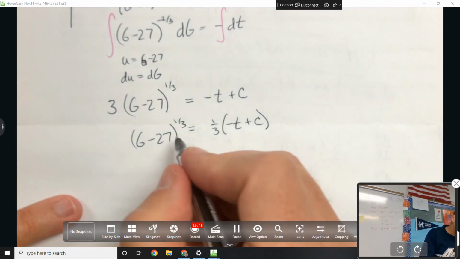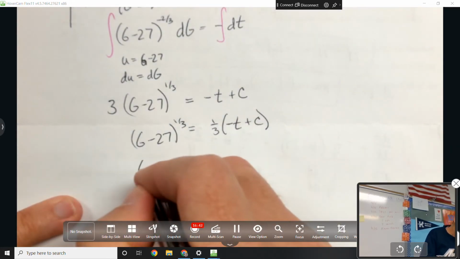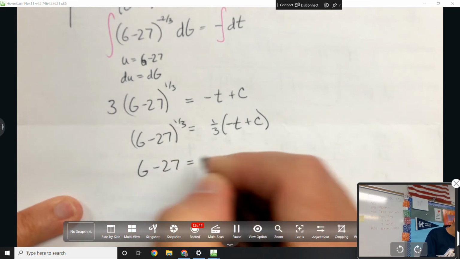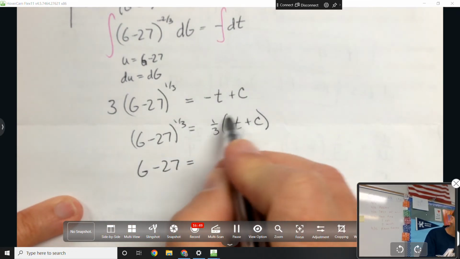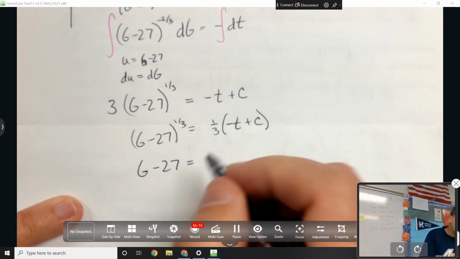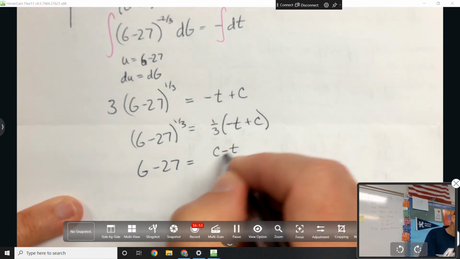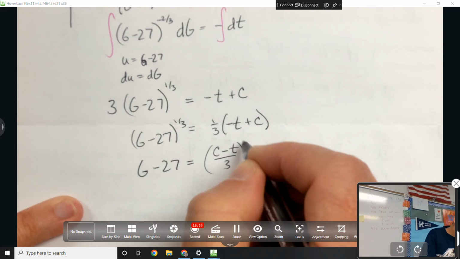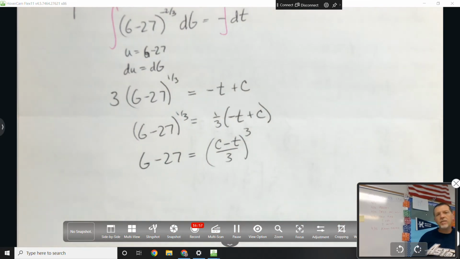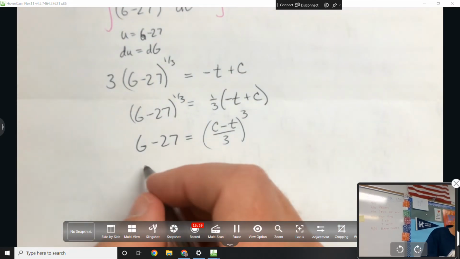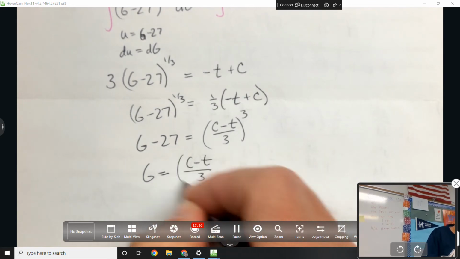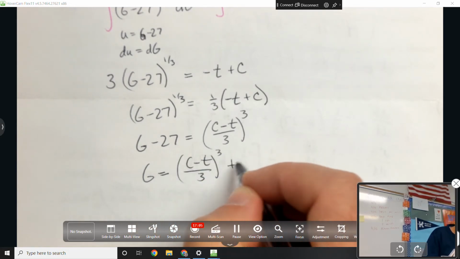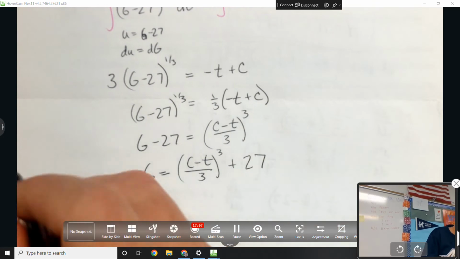And then if I cube both sides, g minus 27 equals, I'm trying to think if there's a better way to write this, c minus t over 3 cubed. So g equals c minus t over 3 cubed plus 27.